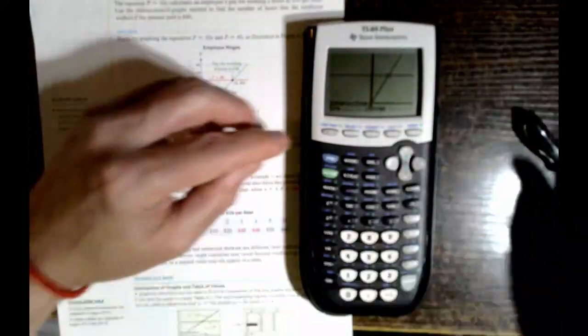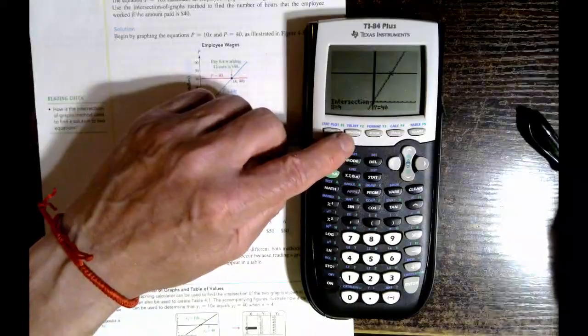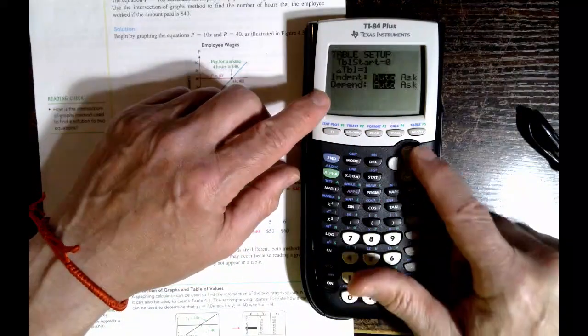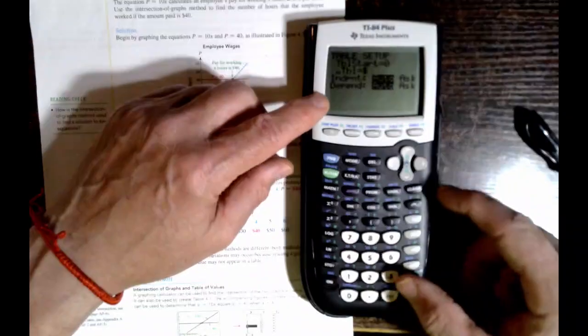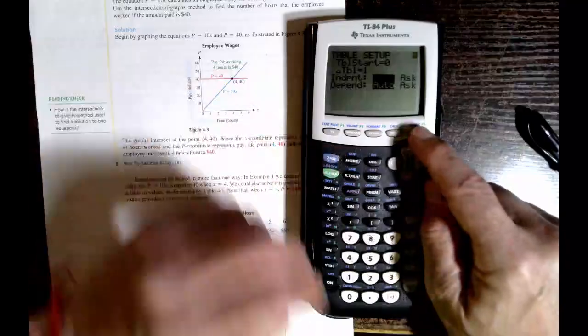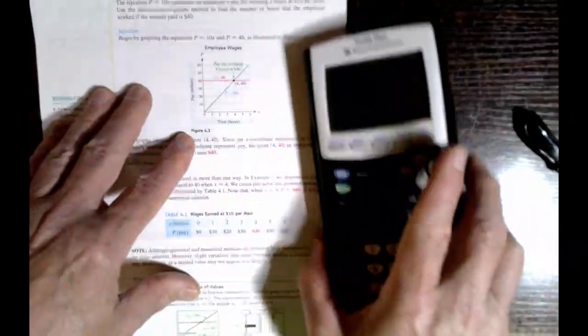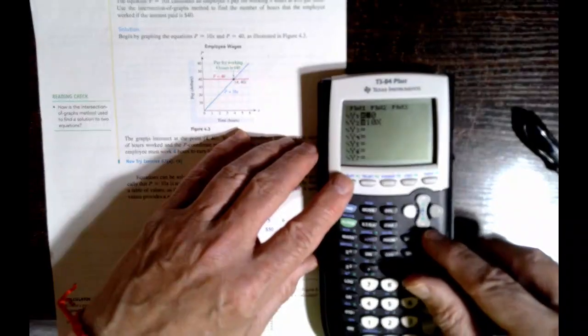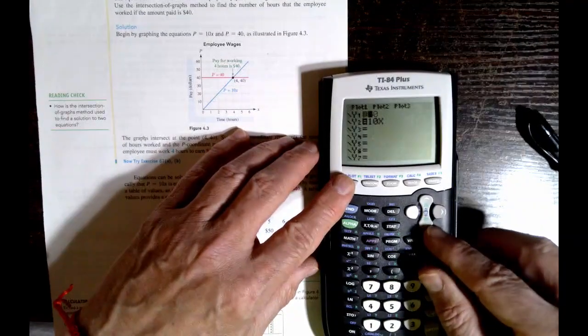Now how do you find it using a table? Remember, to do a table you want to set up your table with table set here with second window. You probably want to start at 0 and go up by 1, so it's already doing that. Leave everything else alone. Now hit second and then graph, which will give you a table. Let me get rid of my old stuff here.